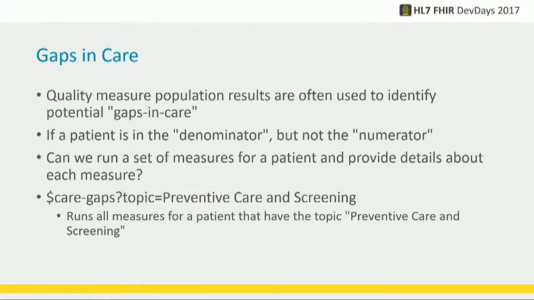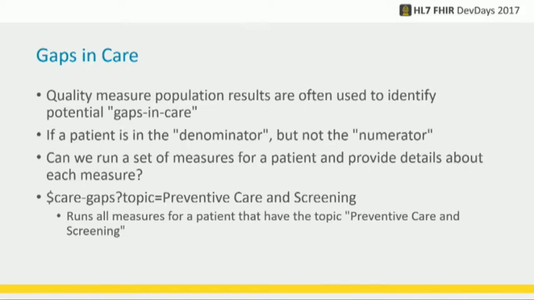So we've defined in our FHIR a care gaps operation that lets you run all of the measures for a particular patient based on topic. You provide the topic and you say, I want to run all the preventive care and screening for this particular patient.